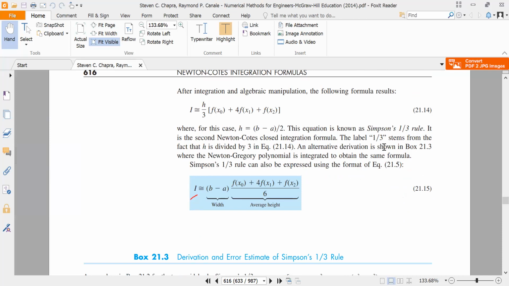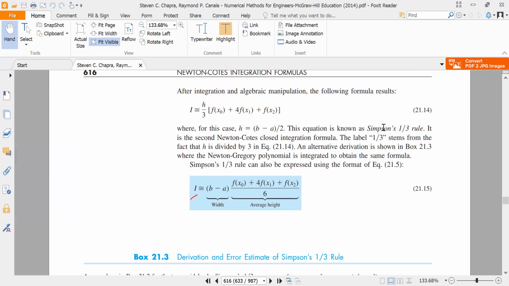But a multiple application of Simpson's rule is also possible. The reason is that if you have 3 points spanning the total width from A to B, and it is coarse and the variation of your function is very large within that region, then you will still have some error.